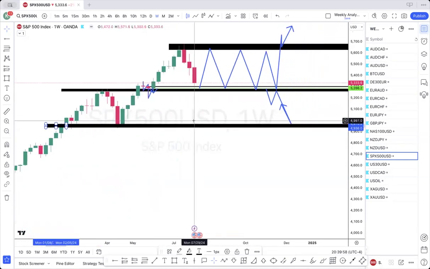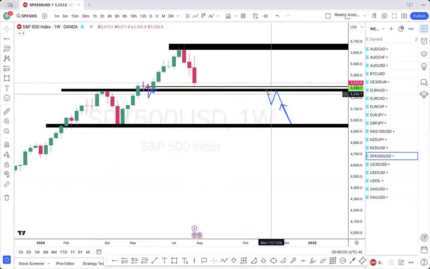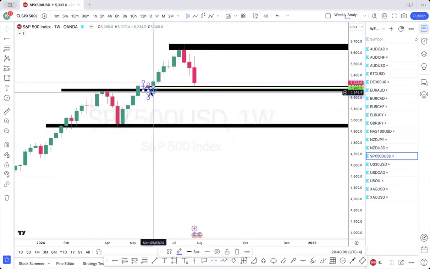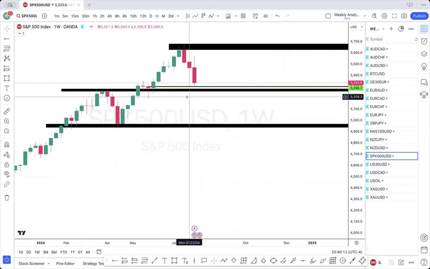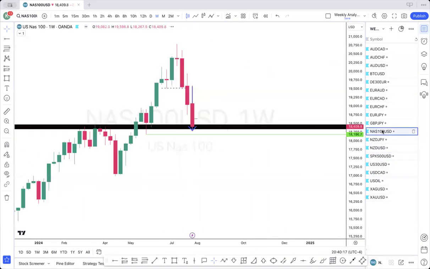All right, so I would definitely be waiting on the buy for US 30, SPX, and did I say NAS? I mean, I said NAS.